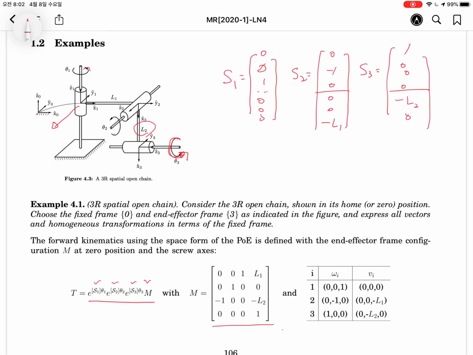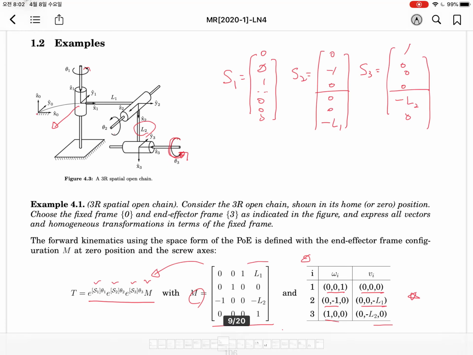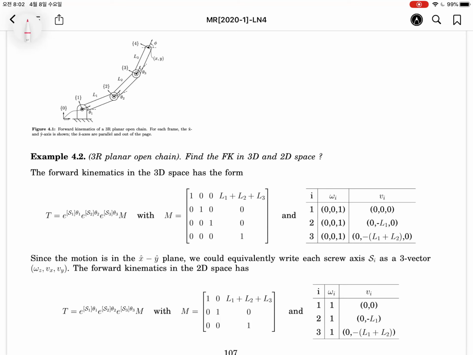So this is listed as a table here. After getting the screw axes and the zero configuration M, by applying this data to the POE, we can get the forward kinematics.